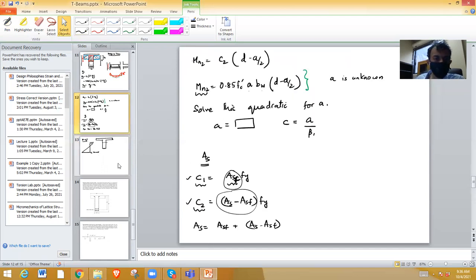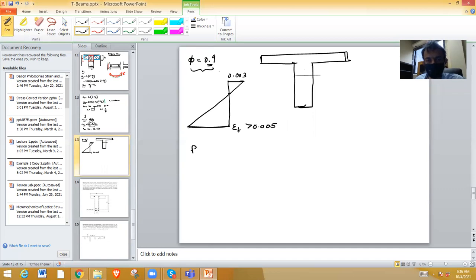Then you provide your steel. Look up in the table and provide the necessary amount of steel as per As. Now we need to do the analysis part again.